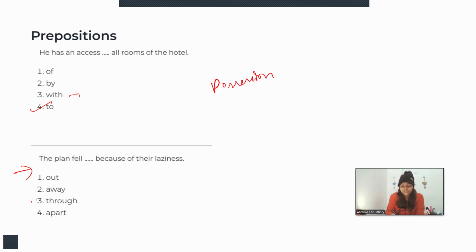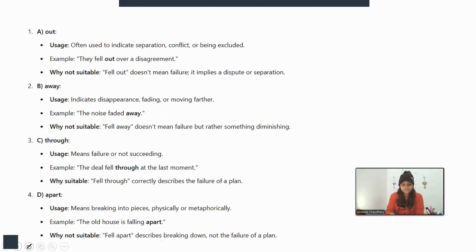So fell through will be the correct answer, because "out" is used to indicate separation, some kind of conflict, or being excluded, like they fell out over a disagreement, right? And "away" indicates disappearance or fading or moving further, like the noise faded away, something is going away.